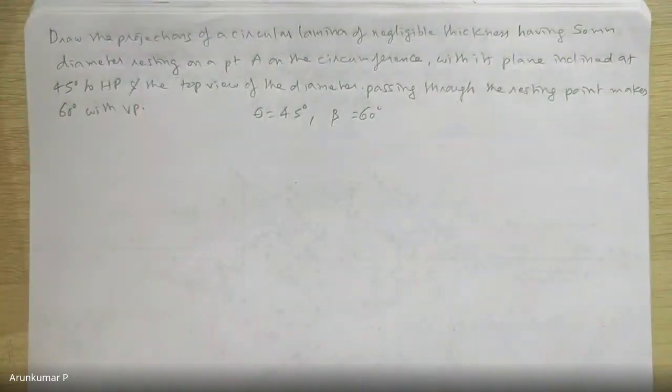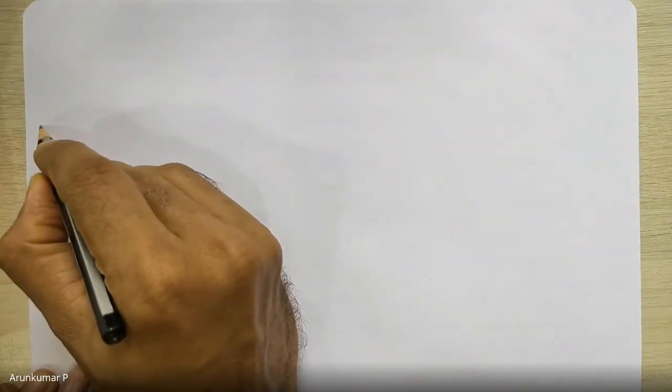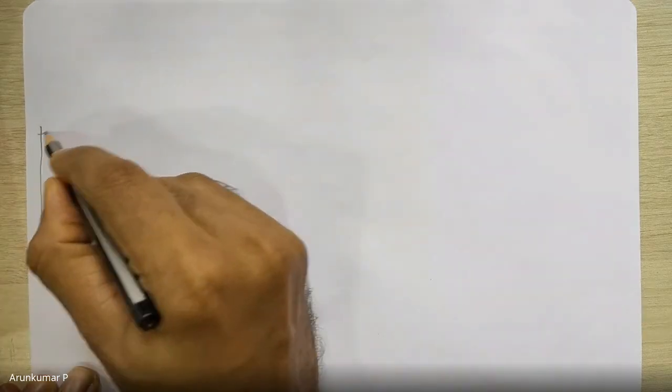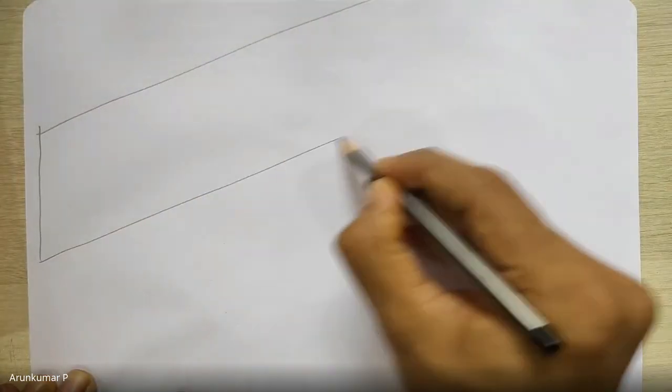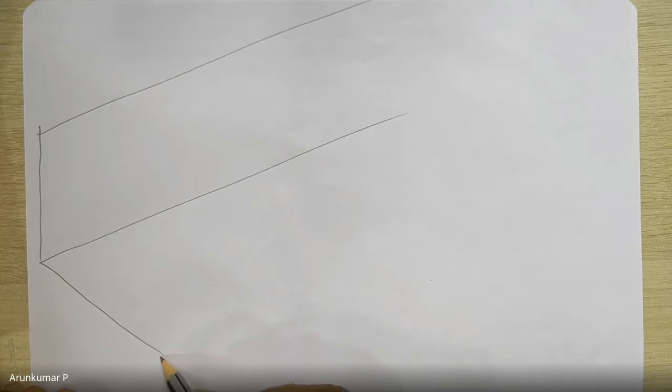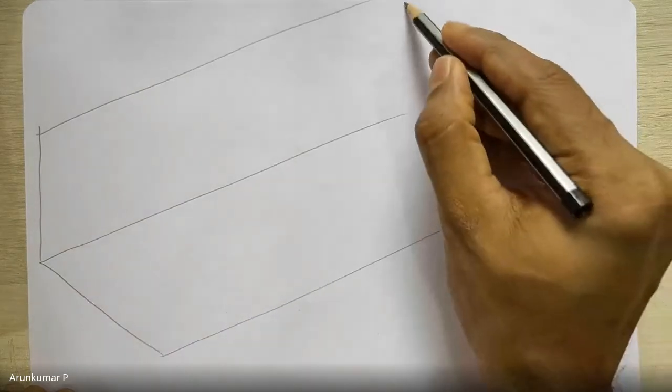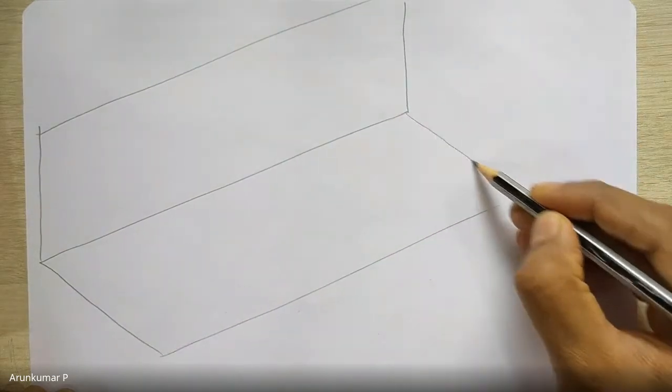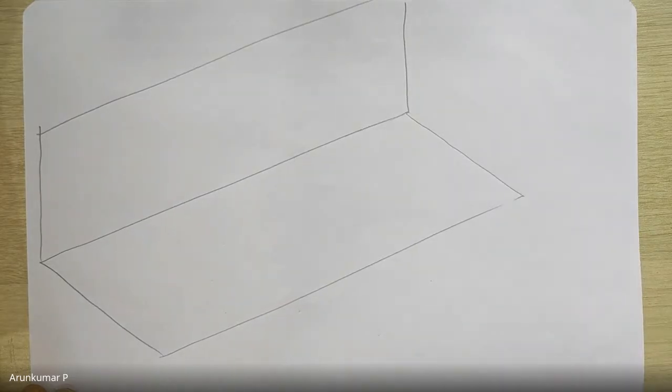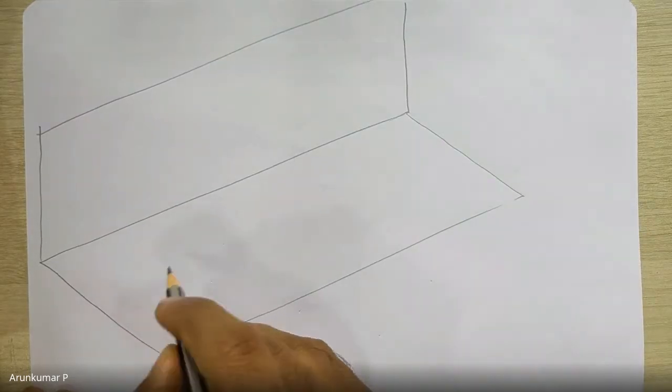Then I think we'll just roughly draw the 3D view. Then the things would be very clear. So in the 3D view is how it would look like. Of course, here there is no question of resting on edge or anything. It has to rest on corner only.